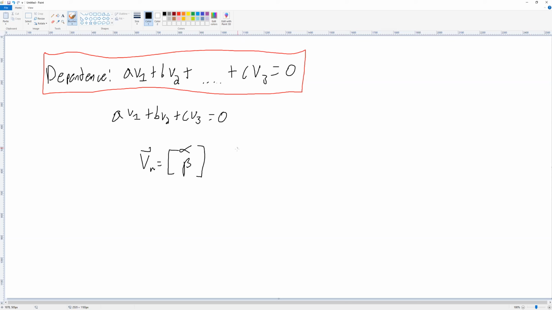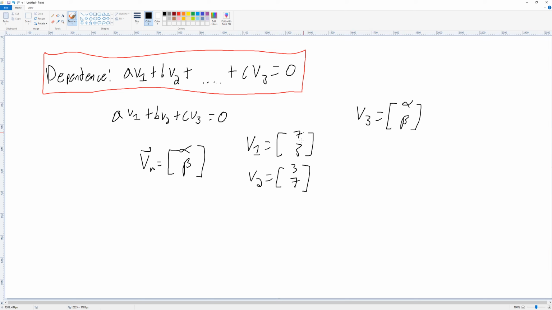We just showed that I can take any multiplier on this first vector, say v1 equals 7 and 3, and v2 equals 3 and 7. And then we'll say v3 just equals alpha and beta.